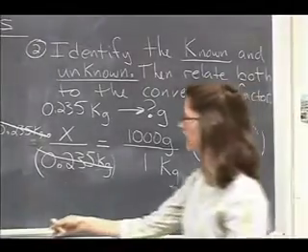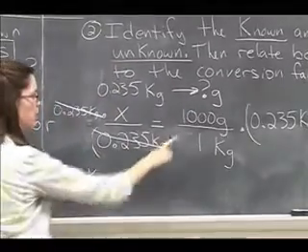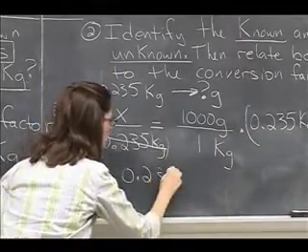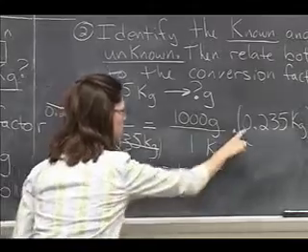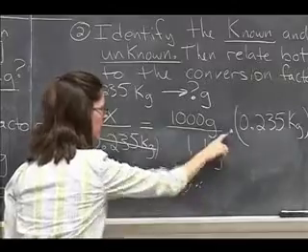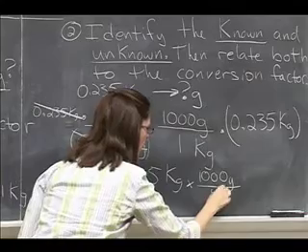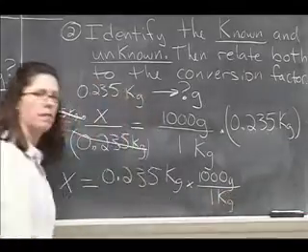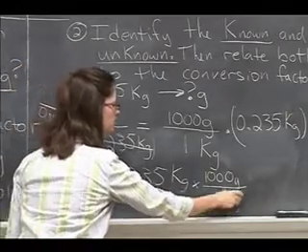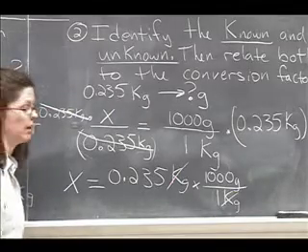So now let me rewrite this. We see that x is equal to, what do we have over here? We've got the 0.235 kilograms, multiplied by, I'll just use an x for multiplied, 1,000 grams divided by 1 kilogram. And here we can see that our units of kilograms cancel one another, and we're left with units of grams.